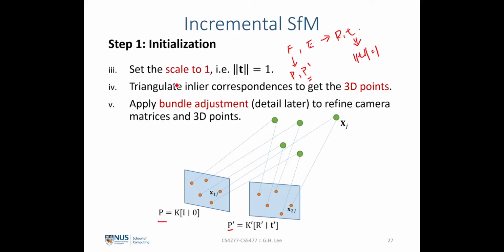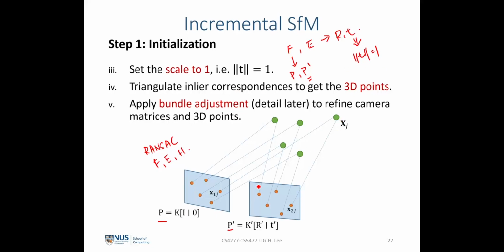The next step, after we have obtained P and P prime, the two camera projection matrices of the seed views, is to do a triangulation based on the inlier correspondences from RANSAC, from the robust estimation of the fundamental matrix, essential matrix, or the homography. We'll do this using the linear triangulation algorithm that we have seen earlier to get the 3D points.